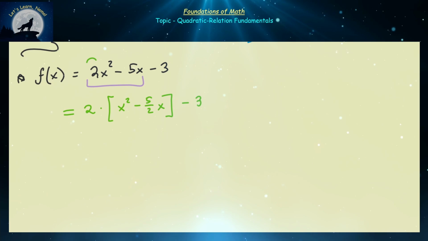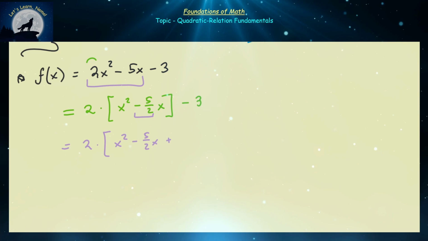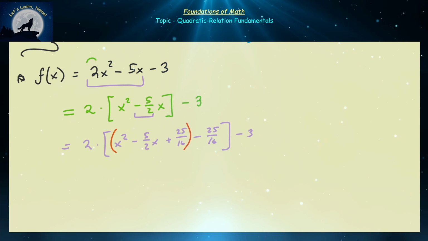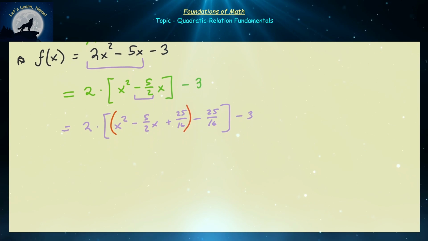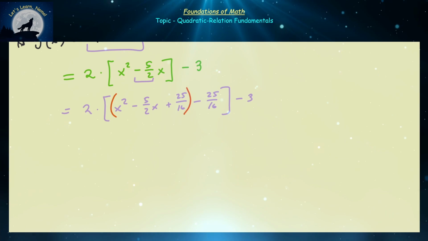So we're going to take the number in front of x, divide that by 2, i.e. negative 5/4, and then square that. That's going to give us 25/16. So we have 2 times (x squared minus 5/2 x), and I'm going to add 25/16 and then subtract it, so I keep my equation balanced. If you remember anything about completing the square, those three terms will always factor.